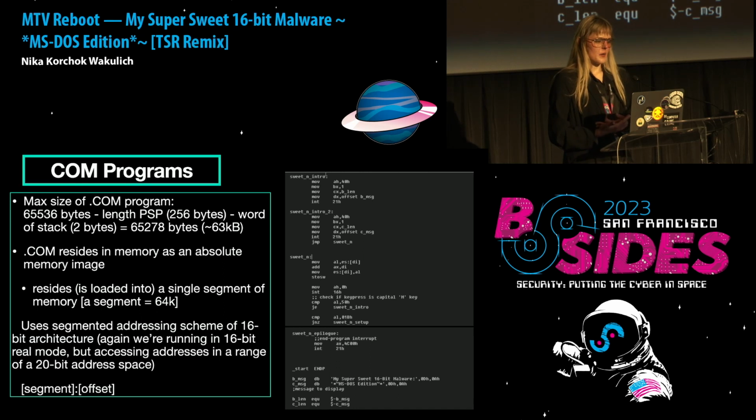And again, importantly, because it's MS-DOS, COM programs are using a segmented addressing scheme of the 16-bit architecture. So we have 16-bit real mode, but we're accessing addresses in a range of a 20-bit address space, which is done using the segment offset pair.